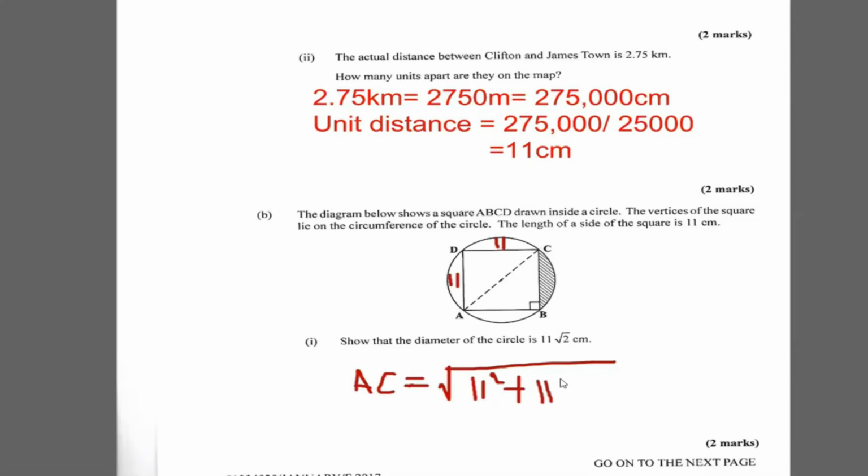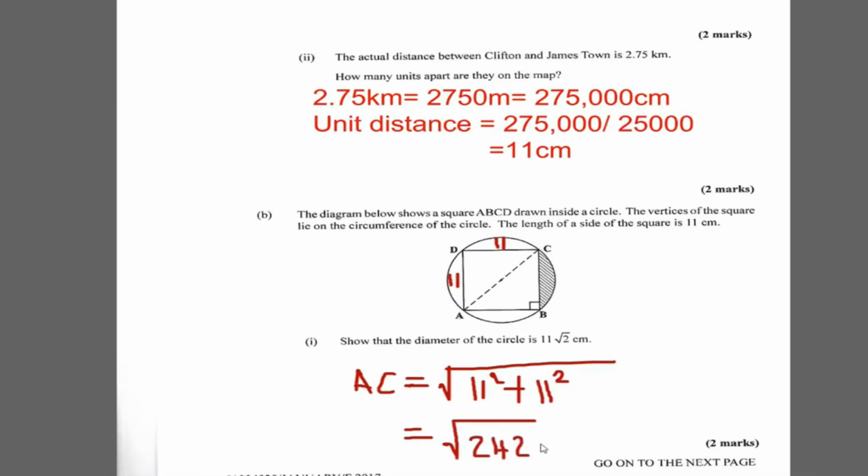And that's how we're going to find the diameter AC. So 11 squared plus 11 squared gives the square root of 242. All right, square root of 242.